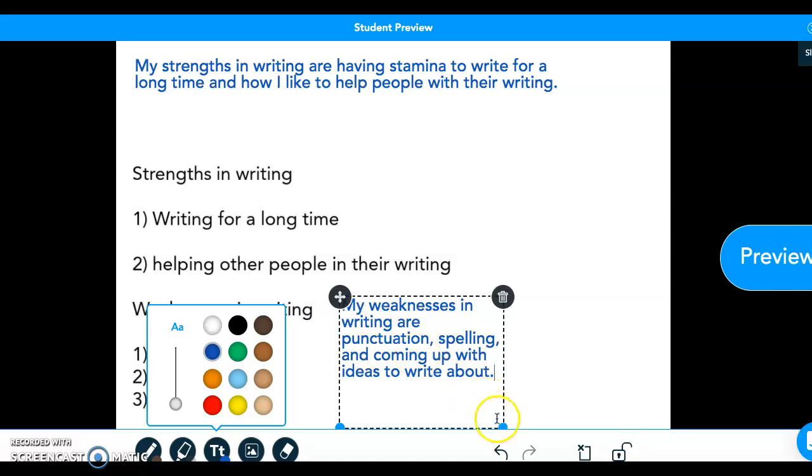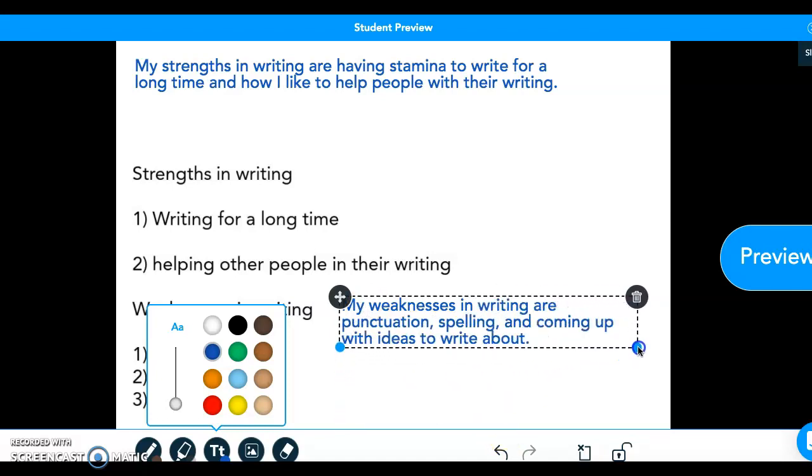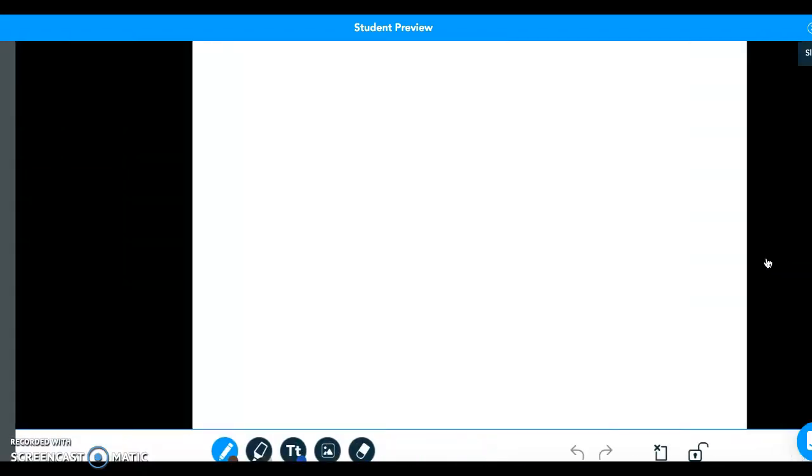But once again, this is just the main idea, the topic sentence. It's what starts out our paragraph. So we're going to take these and turn them into paragraphs.